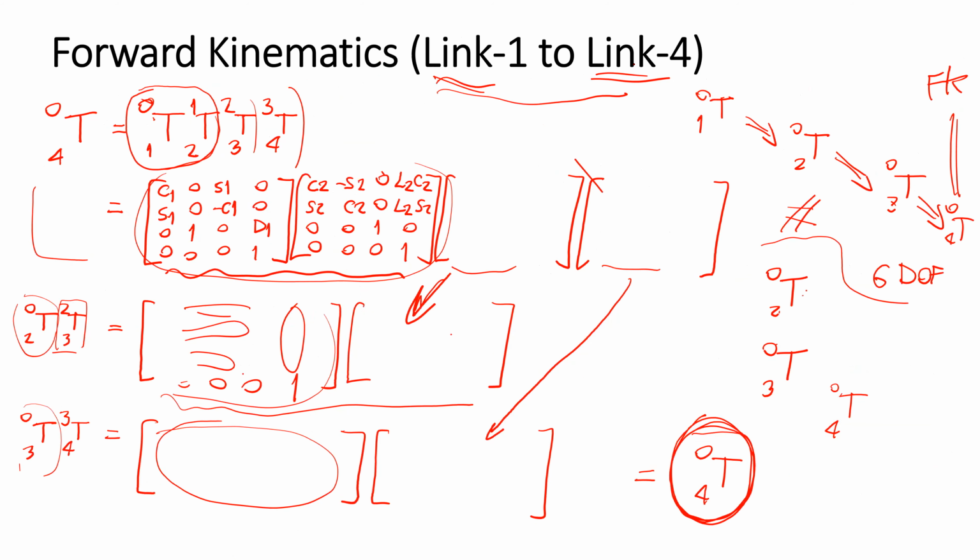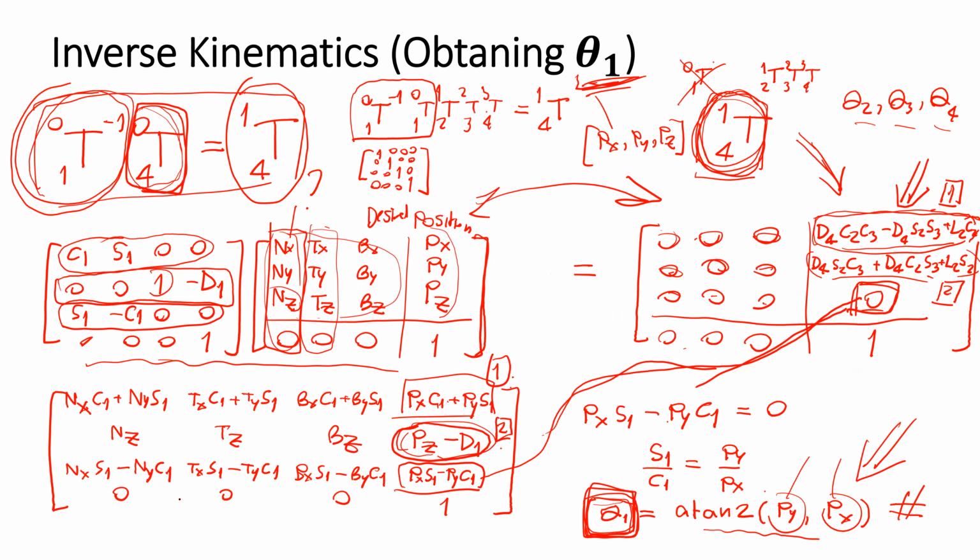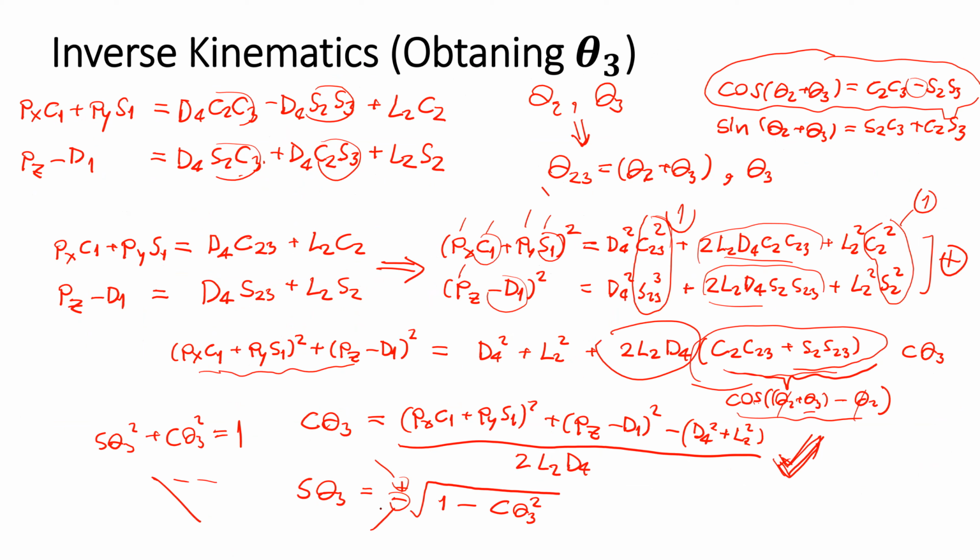If you want it to move the arm down, maybe sine theta 3 will be negative.